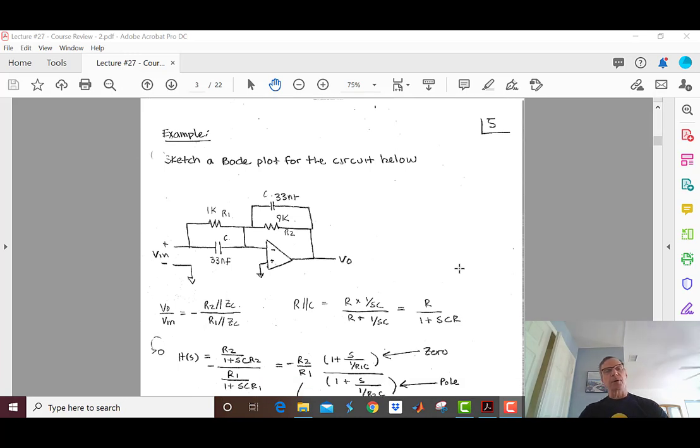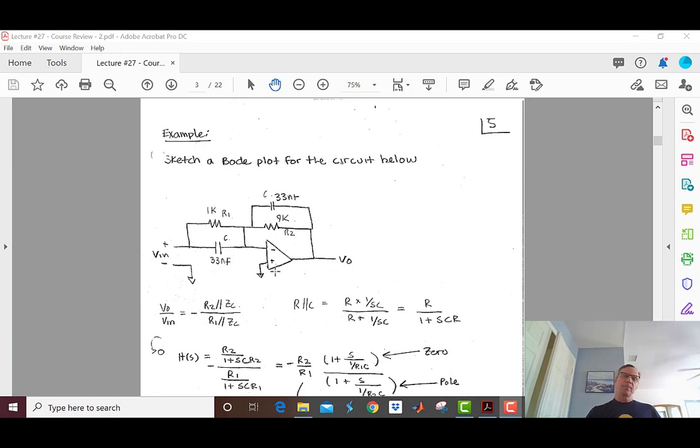Okay, let's move toward Bode plotting, and Bode plotting with an op-amp going on here. I believe one of the guarantees on the final this semester is you're going to see an op-amp. So let's just look at this thing. What do I see?